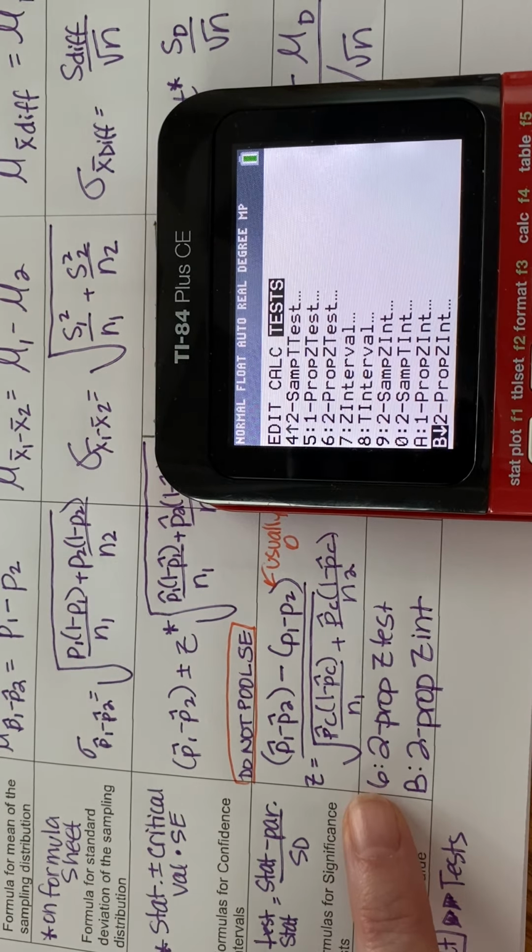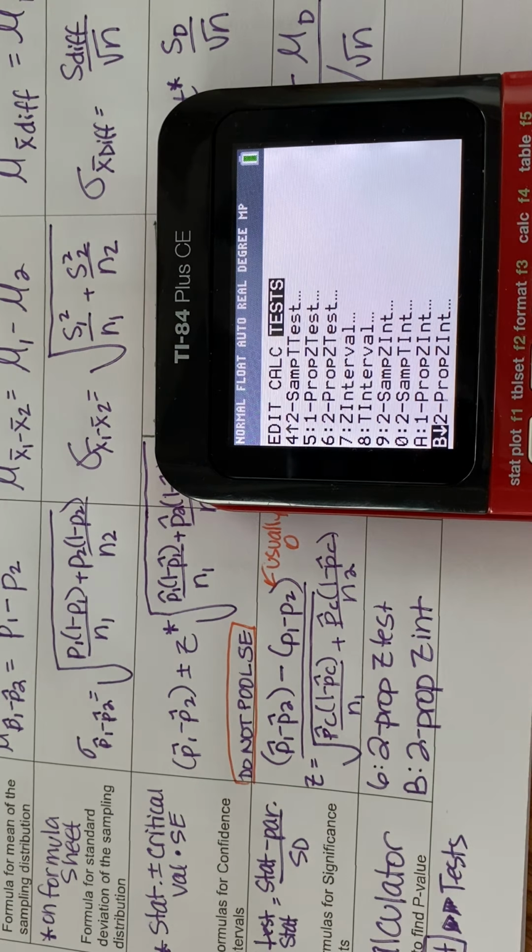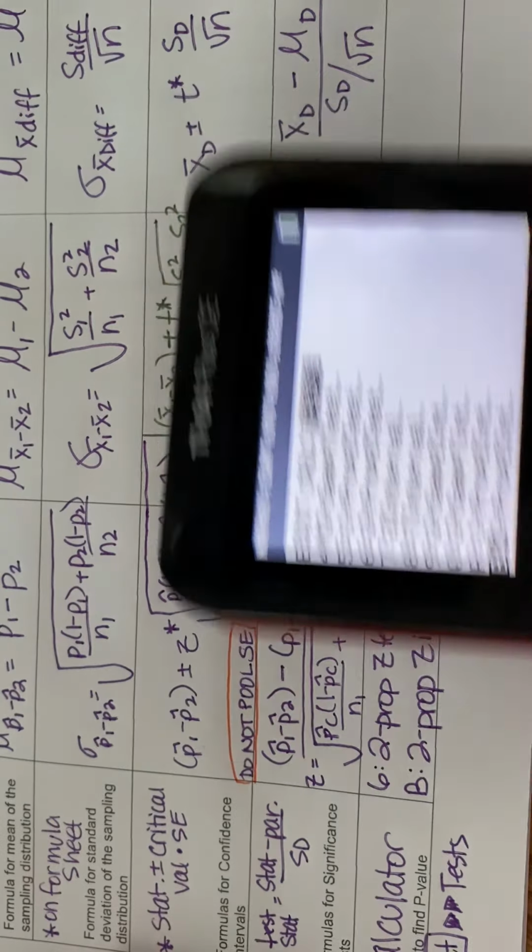Number 6 will give you the p-value when you run the test. It'll give it to you on the last screen. I know this is not your p-value and this probably doesn't belong in this box, but I wanted to put the 2 types of inference methods that we will be using in that box so you can see them.